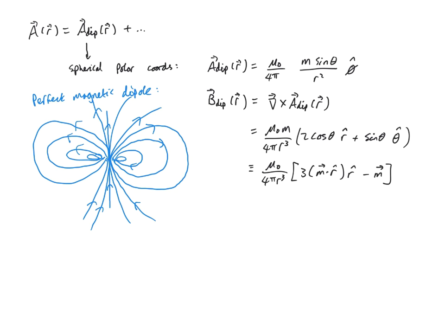If I look at a physical dipole, including the higher order terms, then it looks a little bit different. I see something that, if you squint your eyes, sort of looks the same.